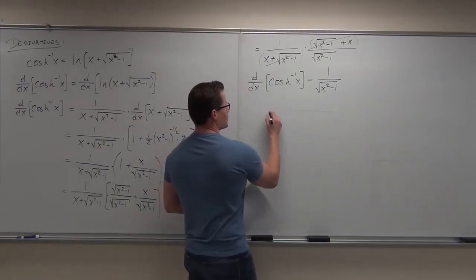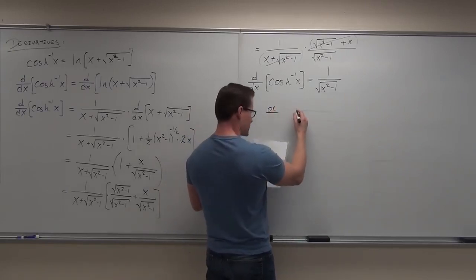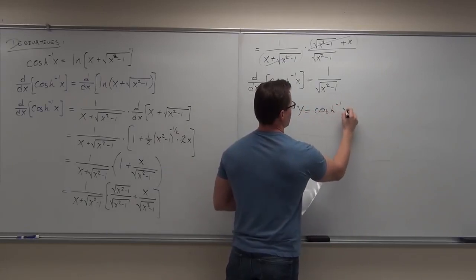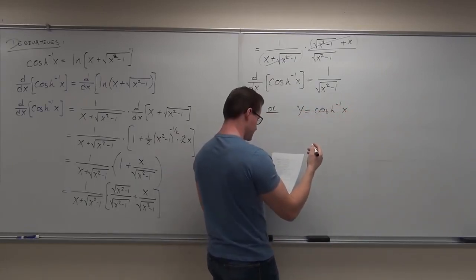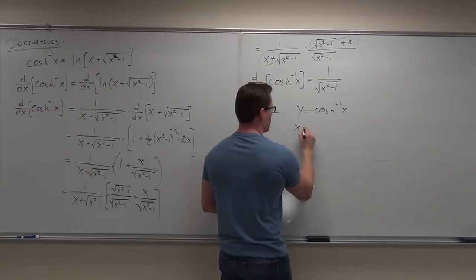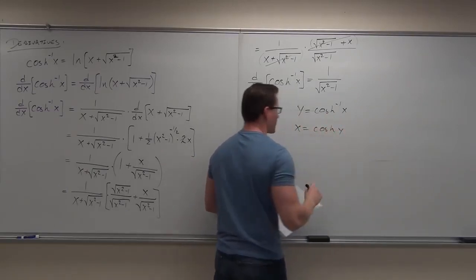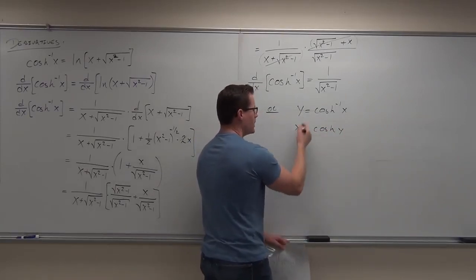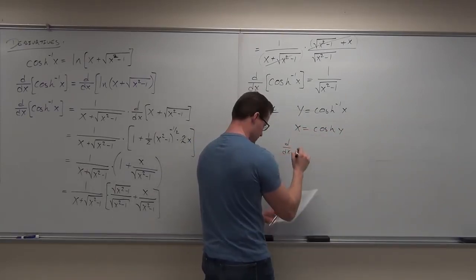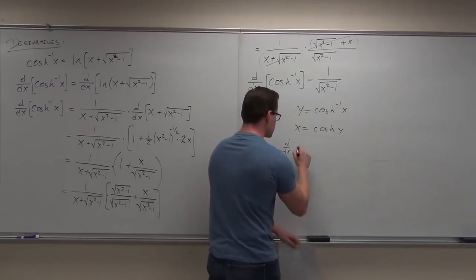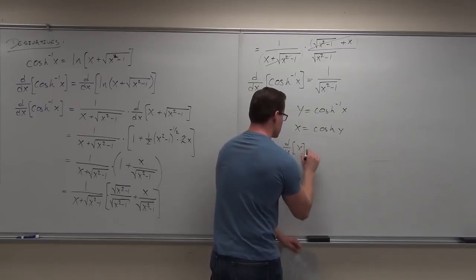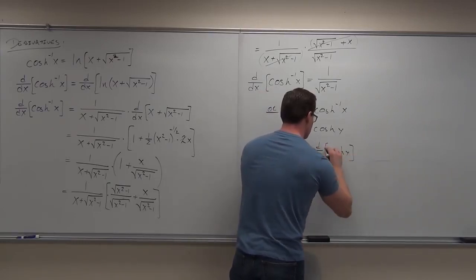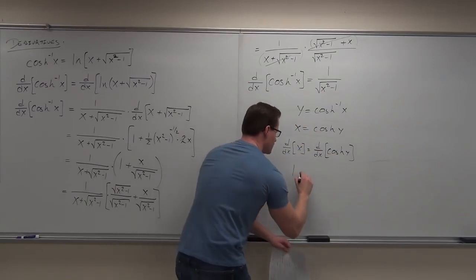If you did it this way, a different type of proof, just for funsies. If y equals cosh inverse of x, I'm going to go really fast on this one, this only happens if x equals cosh y. If I take a derivative on both sides, by the way, keep this in mind, we're going to use it later, this becomes 1.